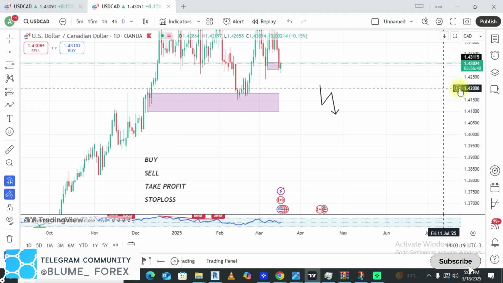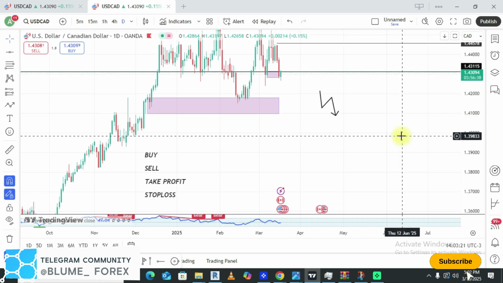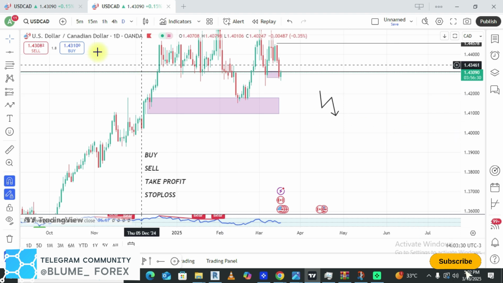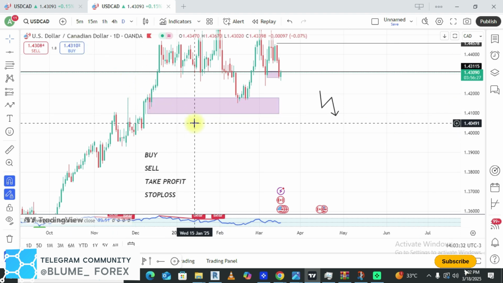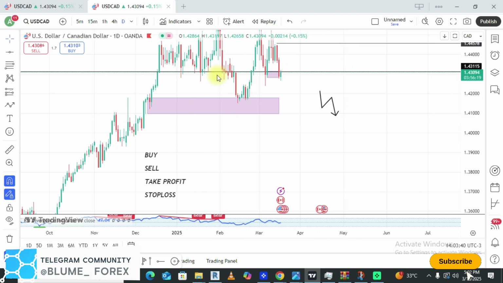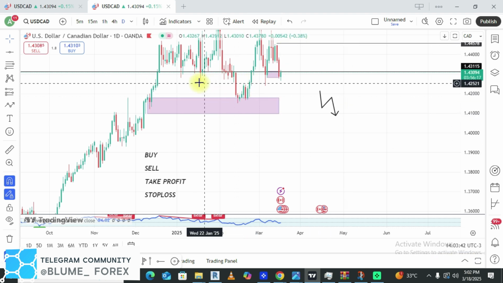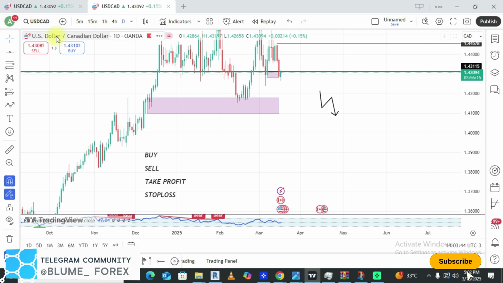That's what it means to buy and sell in the Forex market. Buy means upside, sell means downside, and depending on the currency pair you are trading, when you buy, you mean the first currency, which is the base currency, is going to gain strength over the second one, and if you sell, you mean the first currency is going to lose strength over the second one. So if you think this chart per analysis is going to buy, you're anticipating that the dollar is going to gain strength over the Canadian dollar.